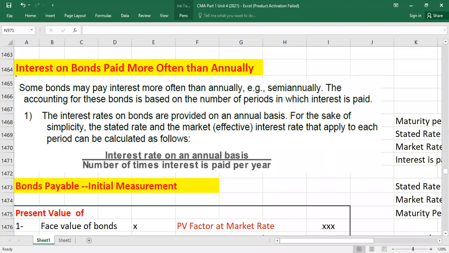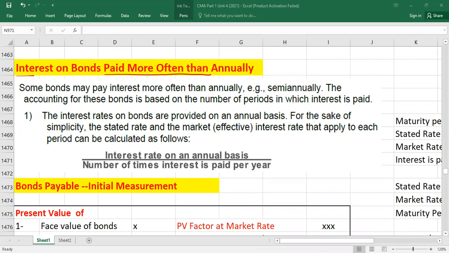This topic is also called interest on bonds paid more often than annually. If interest is paid twice a year, what changes are there in the calculation that I'm going to show you. Main things are not going to change, but obviously the number of times interest is paid will increase, right?